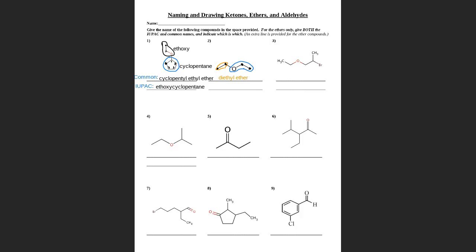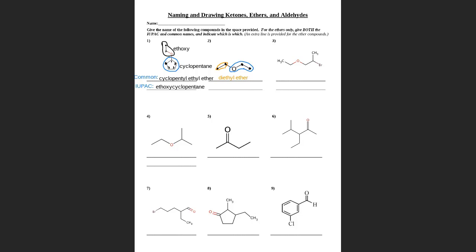Strangely enough, this in blue is my branch, and the main chain is in the orange. So what would I call that branch?